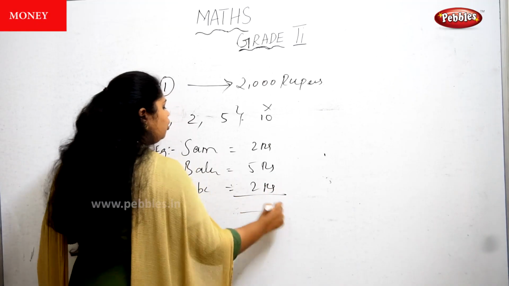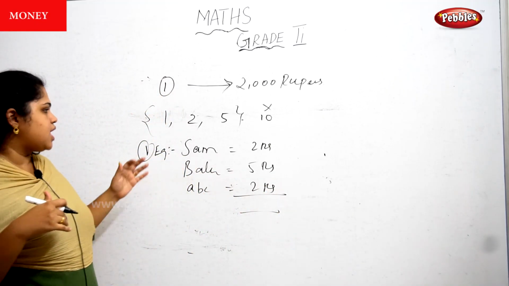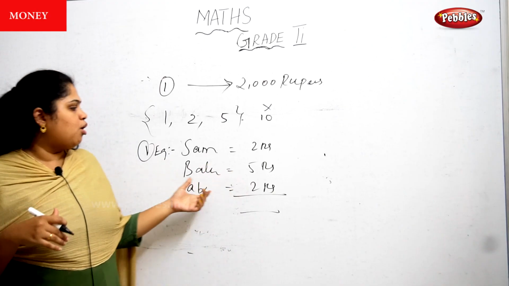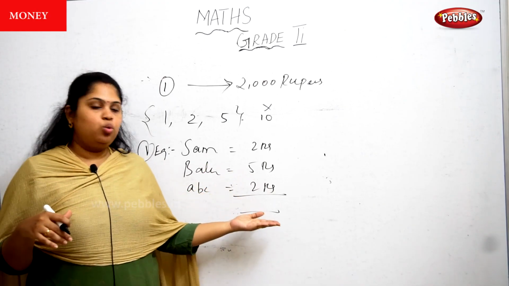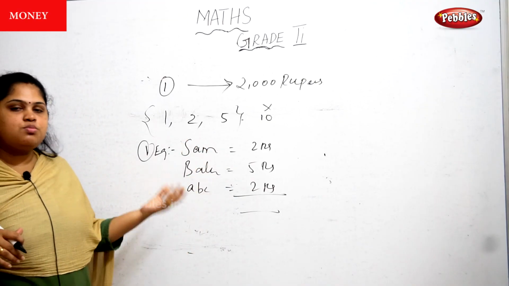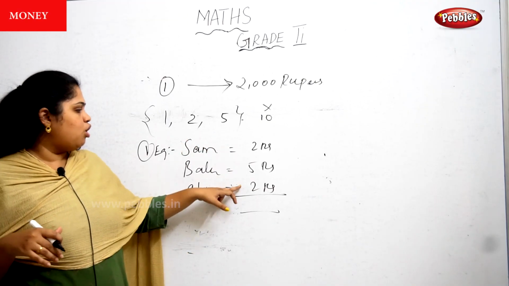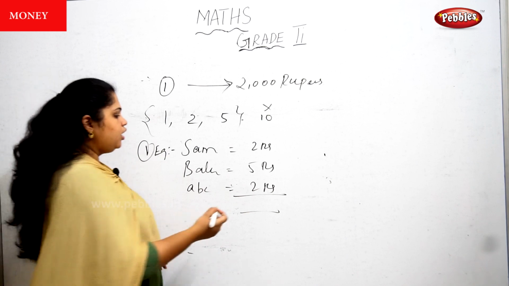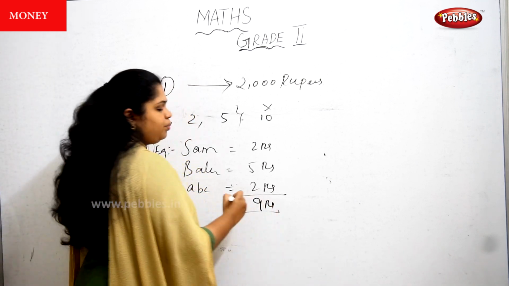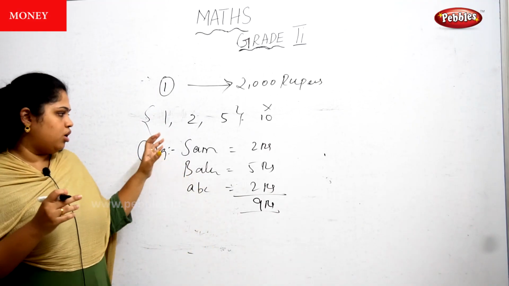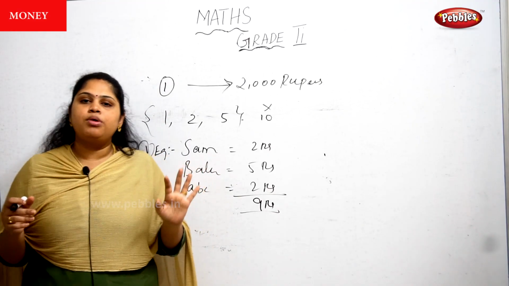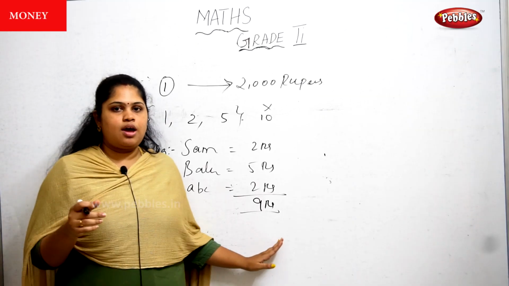So in total, how much do you and your friends have? Sam has 2 rupees, Balu has 5 rupees, and you, ABC, have 2 rupees. So how much money do you have? 2 plus 2 is 4, plus 5 is 9. So 9 rupees you have, the three of you together.